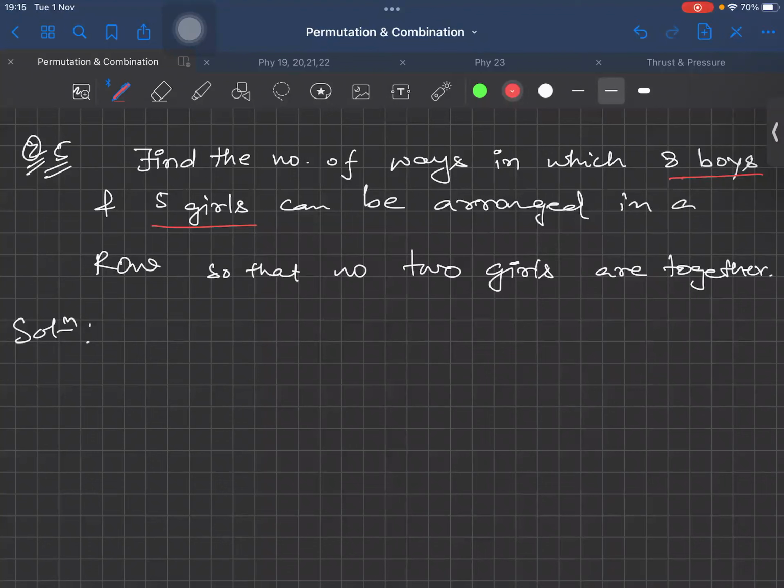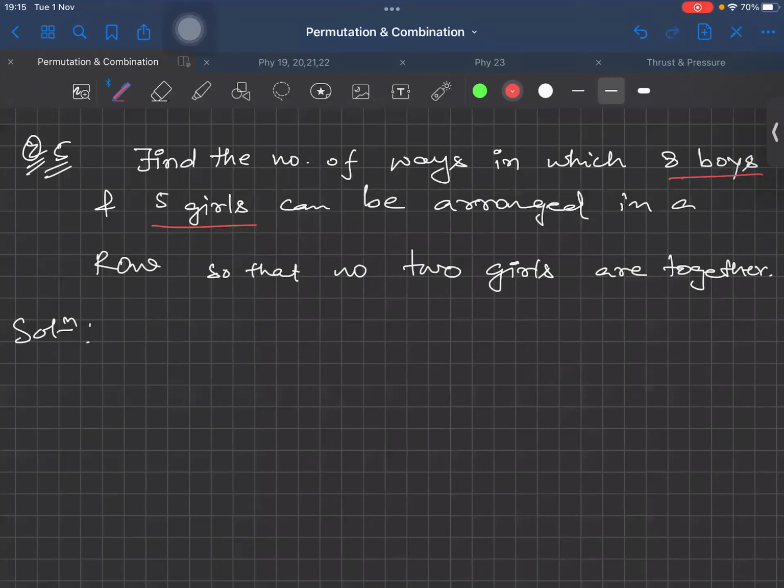Nidhi, try to find out using your method. Shreya? Okay, I'll give you a hint.